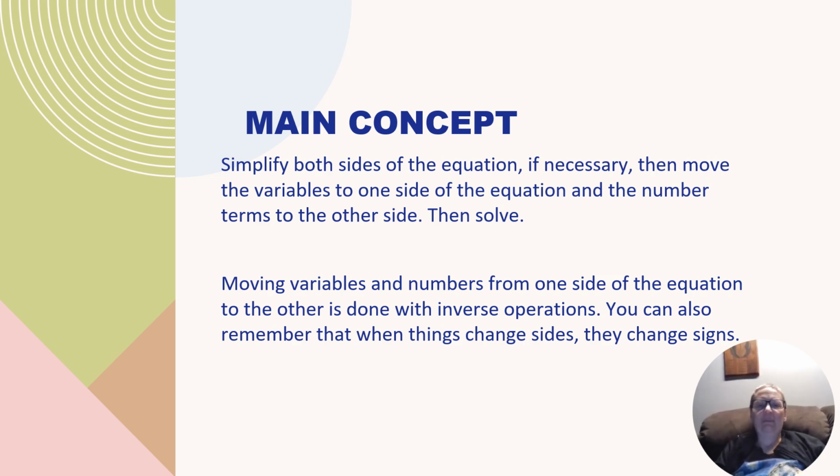You can also remember the following: when things change sides, they change signs. So if something is positive on the right side of the equation, when we move it to the left side, it will be negative. So that's another way to remember how to do that.